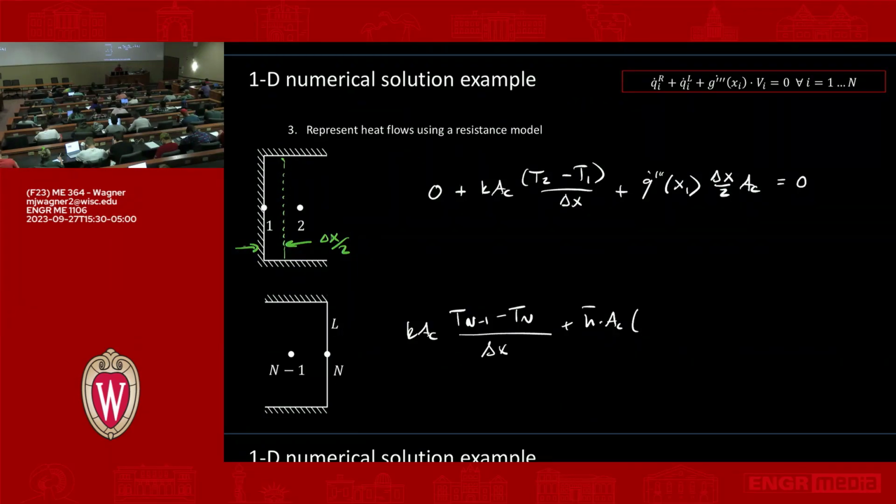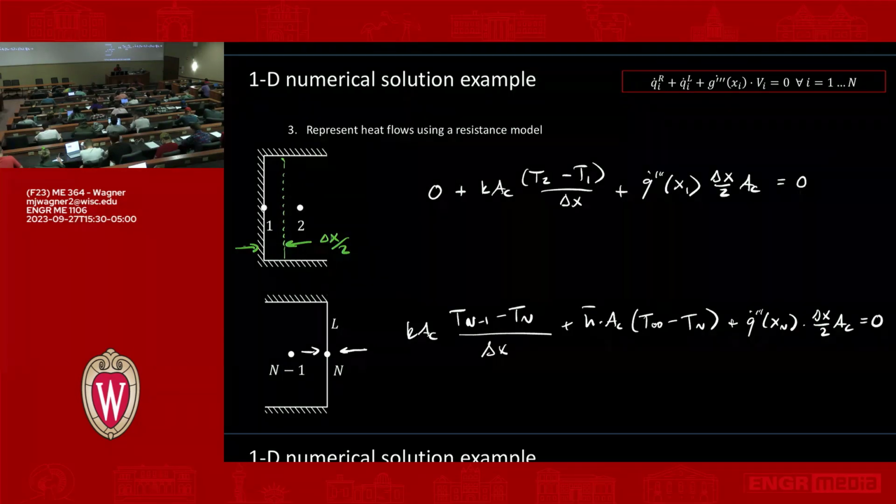So I'm saying heat's flowing in this direction, in to n. That's T infinity minus T_n. Be careful with that. Make sure you follow the direction of heat flow. Then the last thing is generation. That's g dot triple prime evaluated at x_n times the volume, which is delta x over 2 times A_C, all equals 0.